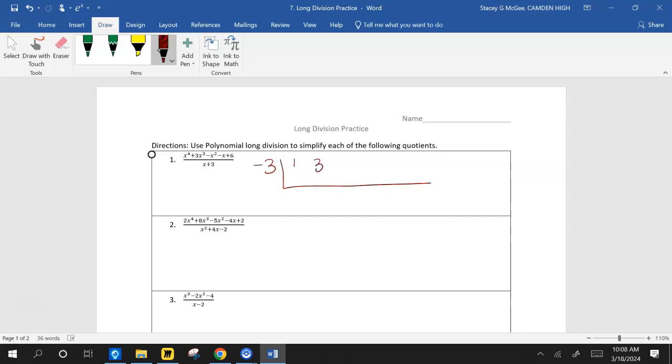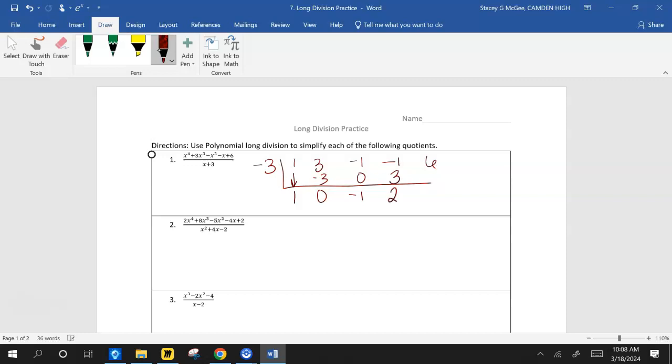1, 3, -1, -1, 6. Drop 1 down. Okay, multiply. -3. Add. Multiply. Add. Multiply.